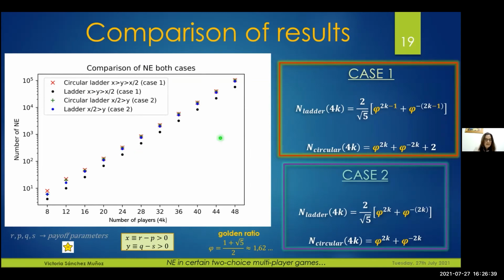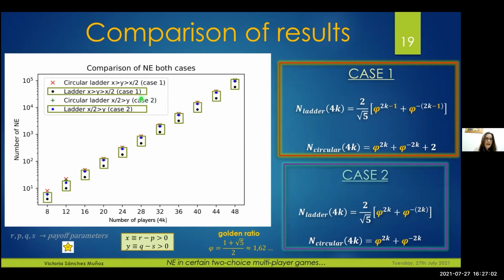At first glance, when we compare those 2 cases for the ladder, which are the dots here, we can see that case 2, which is the blue dot here, always has more solutions than case 1.